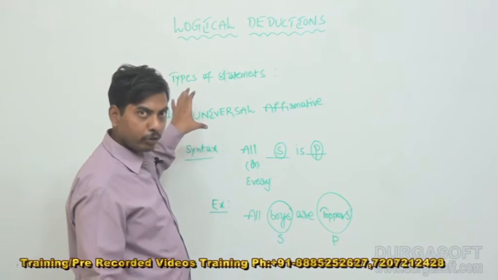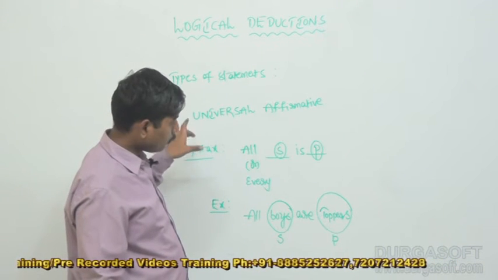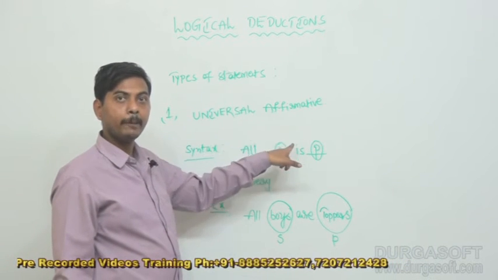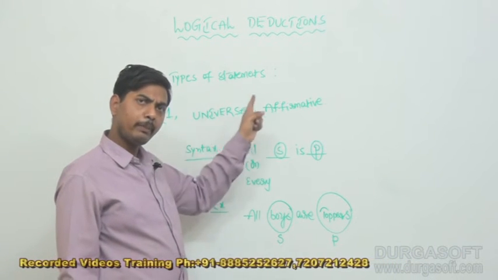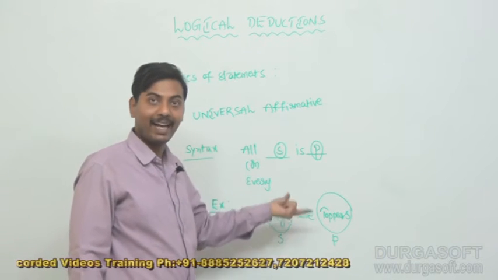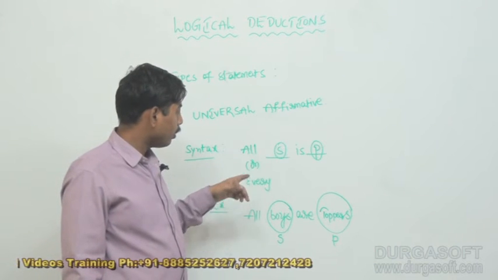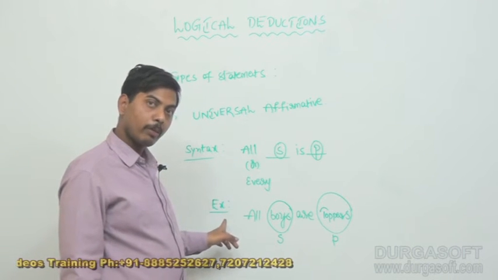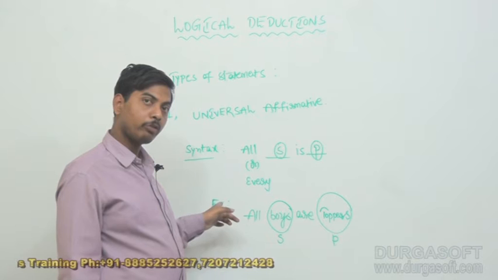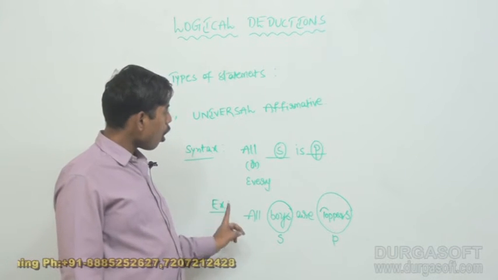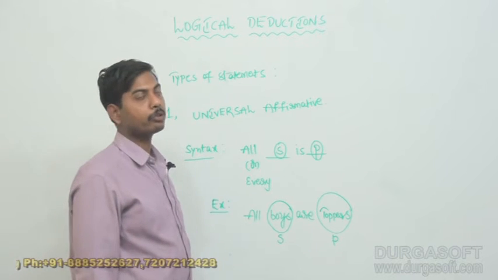Universal affirmative means universal positive. The syntax of the statement is all S is P, which means all subject is predicate. Here we have taken an example of a statement starting with the word "all": all boys are toppers.